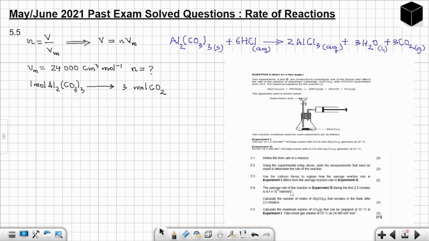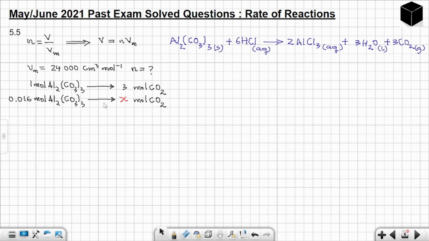Now you have 0.016 mole of what? Aluminum carbonate will give you X moles of carbon dioxide. So we are going to find X, the number of moles formed. So you're going to use cross multiplication. You have 1 times X, which is X, okay?